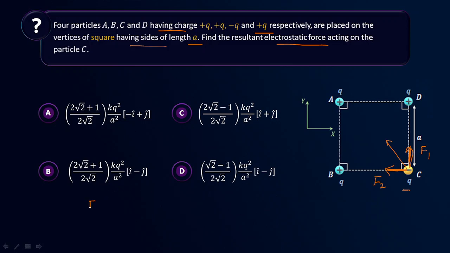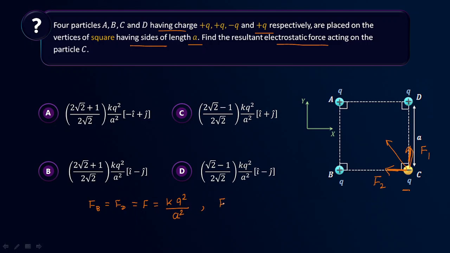So can I say that force due to charge at B will be equal to force due to charge at D, which is, let us say, F, equal to K Q square divided by R square, where R is how much? A. So it is K Q1 Q2 by A square.